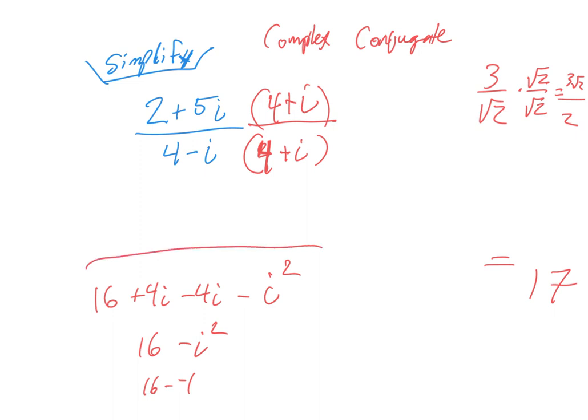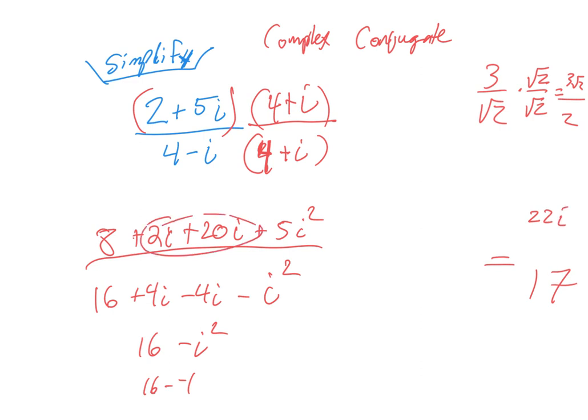In the numerator, I'm going to multiply and again FOIL that out. 8 plus 2i plus 20i plus 5i squared. That middle term will be 22i. i squared is negative 1, so this becomes 5 times negative 1, which is negative 5. And then 8 minus 5 is 3.